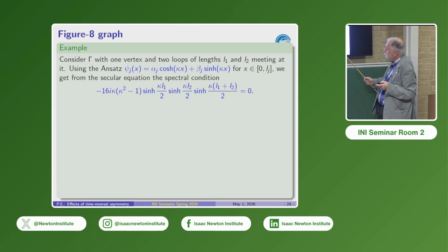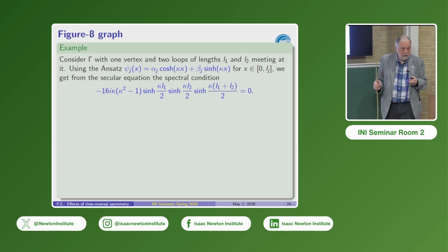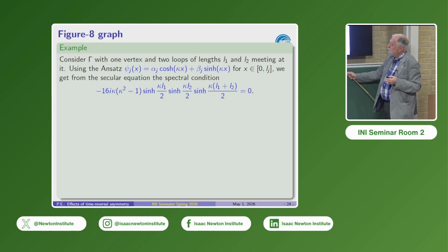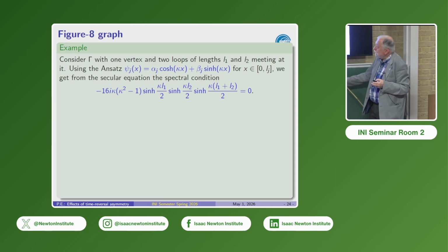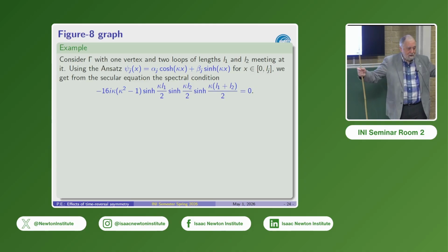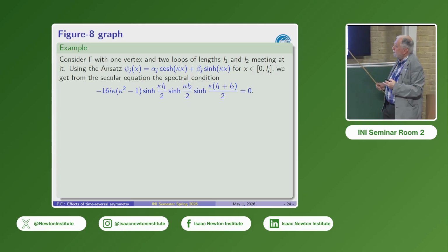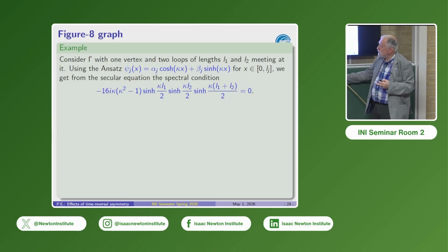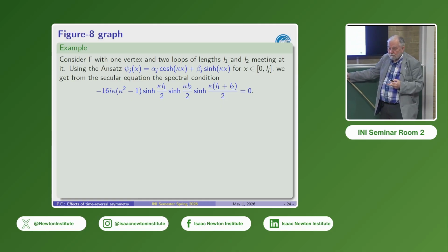You put it into the spectral condition I showed you, and after a bit of computing, you find the secular equation, which looks like that. Now, all these factors here are non-zero, so the only place where you can get a negative eigenvalue is here. It is -1, and it is -1 independently of the length of the lobes. It also tells you that the second eigenvalue is 0.